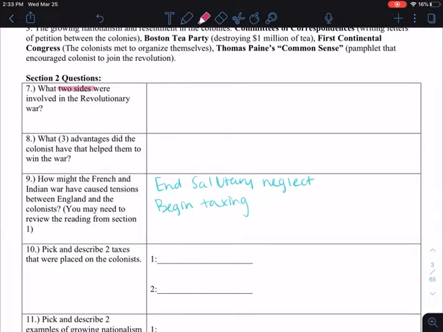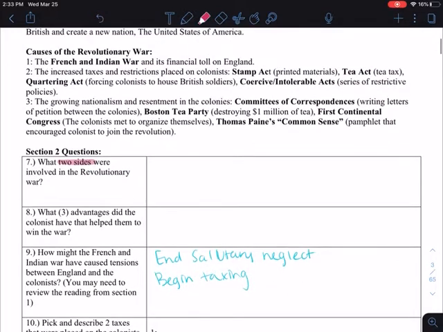Pick and describe 2 taxes that were placed on the colonies. You've got a few to choose from here. You've got the Stamp Act, the Tea Act, and then you have, you could talk about the Quartering Act. That's not really a tax, but we get the gist here.